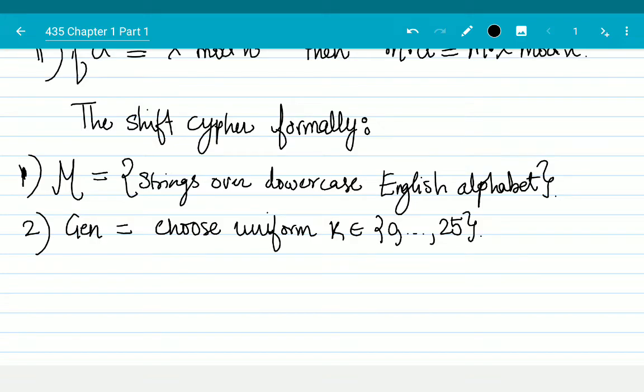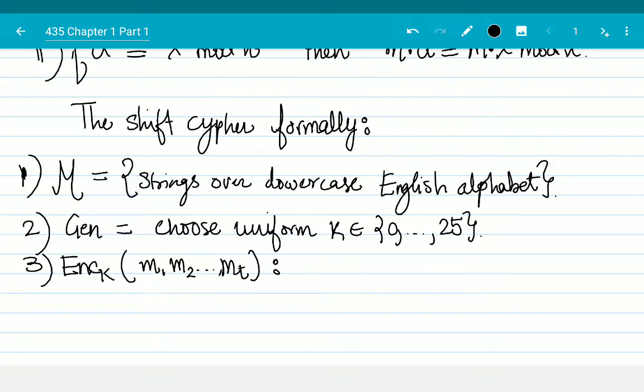So you want to choose a key uniformly from 0 to 25. Now, how do you encrypt a message m1, m2, ..., mt? Suppose this is a t-letter message.